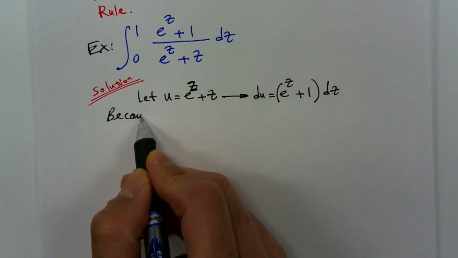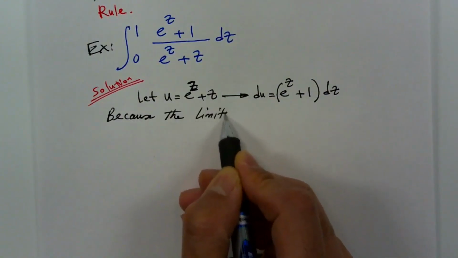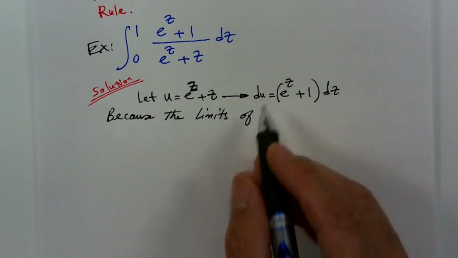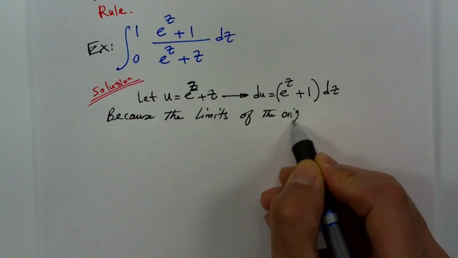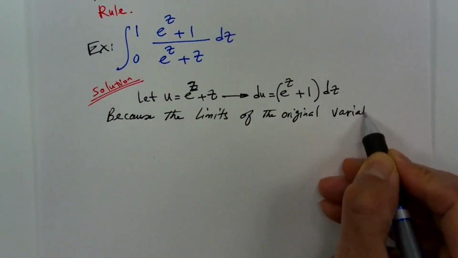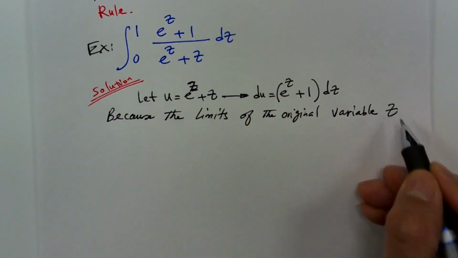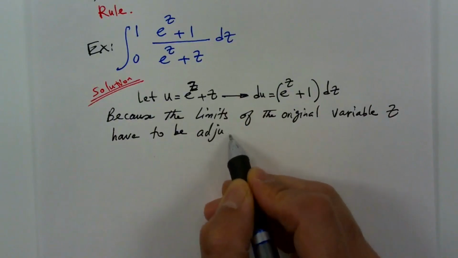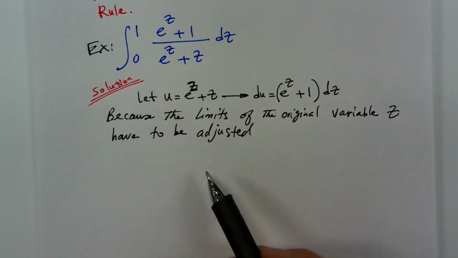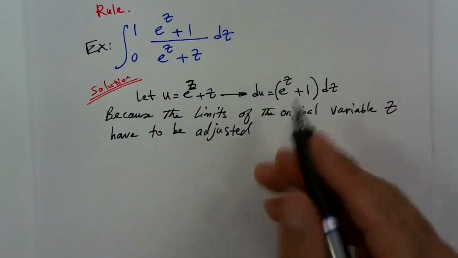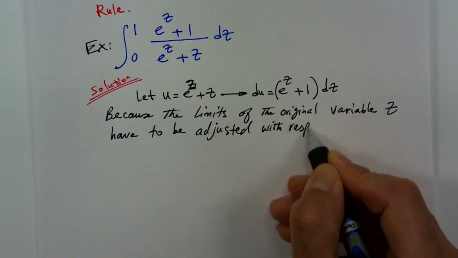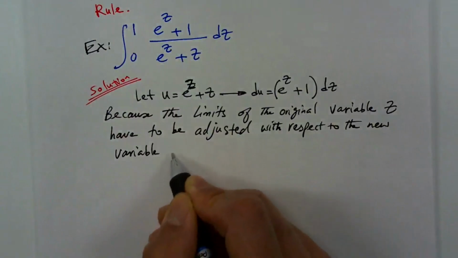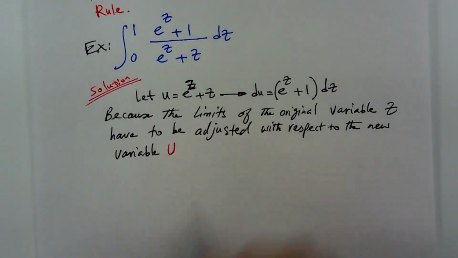Because the limits of the original variable z have to be adjusted, or recalculated, with respect to the new variable u that we just introduced.